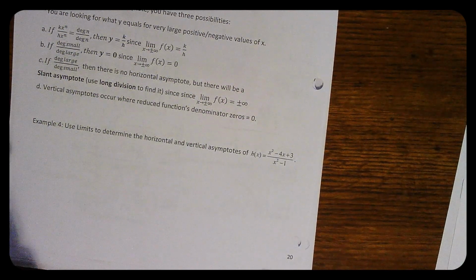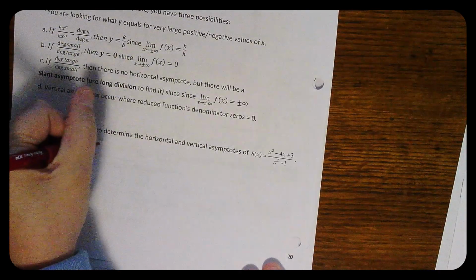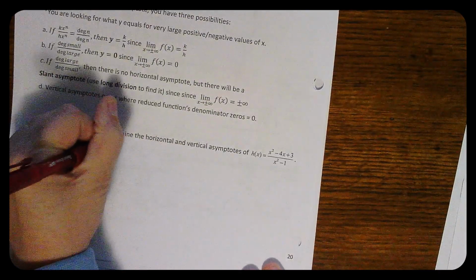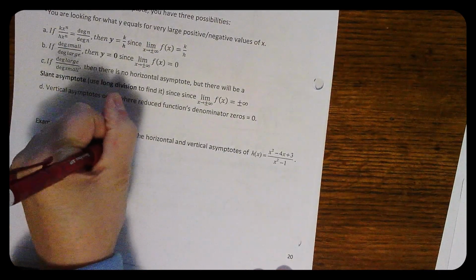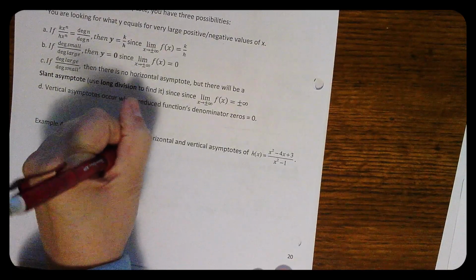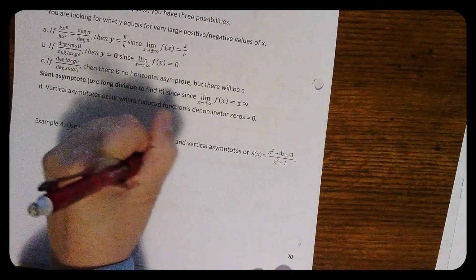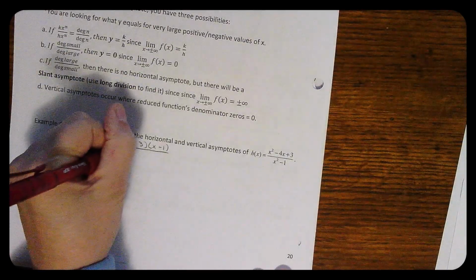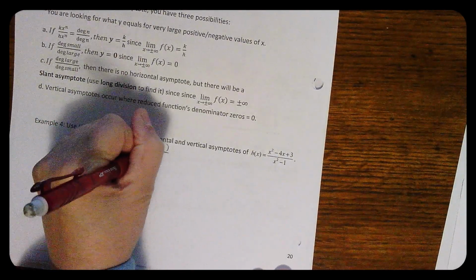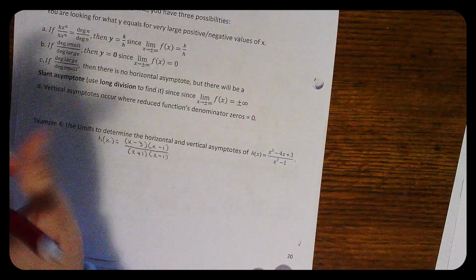It says use limits to determine the horizontal and vertical asymptotes of h of x equals x squared minus 4x plus 3 over x squared minus 1. So we might as well factor so that we can reduce if we can. The numerator factors into x minus 3, x minus 1, and the denominator factors into x plus 1, x minus 1.